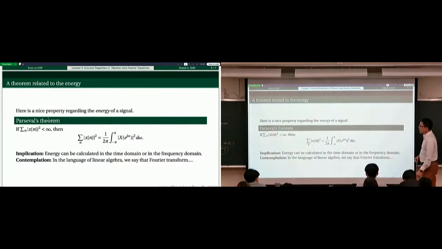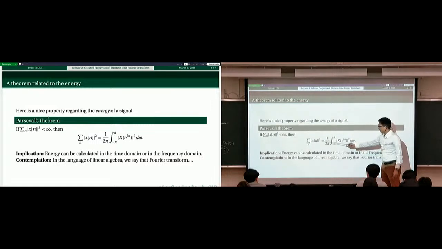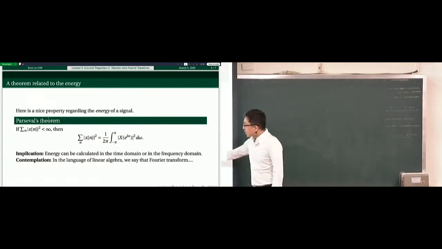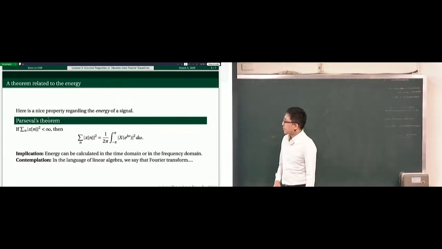If we sum up the square of the absolute value of x in the time domain, the result will basically be equal to integrating the magnitude spectrum, also squared, in frequency. This is an identity. 是一个恒等式. This is an identity which will hold for any given signal.